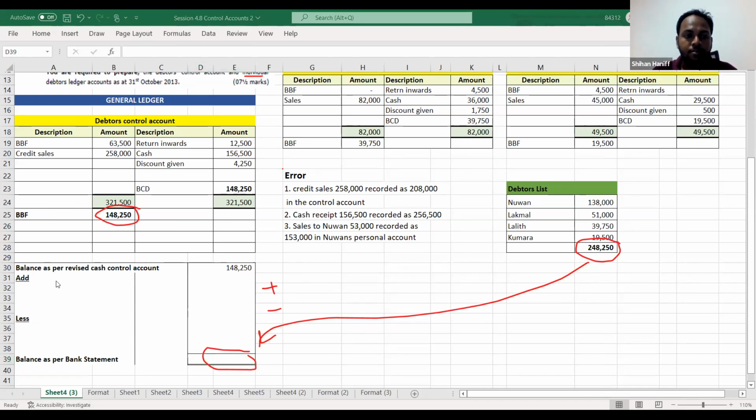So very simple. So you add. This is Nuan's personal account debited. So you can write cash received 156 recorded as 256.